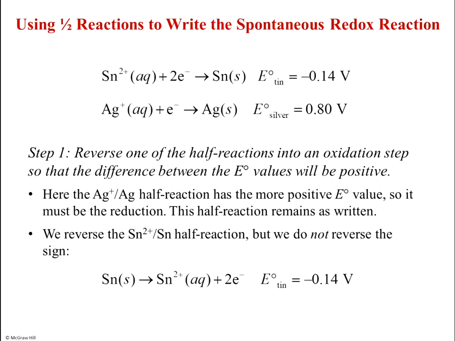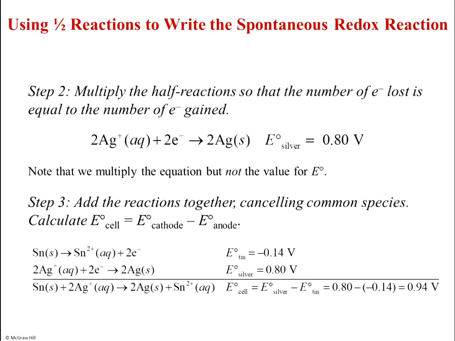Now the way we're going to handle this and the way Silberberg will handle this is that we'll reverse the tin half reaction, but we don't change the sign. We just understand the sign reflects the standard reduction potential, not the oxidation as written. Our next step, we multiply the half reaction so the number of electrons lost is equal to the number of electrons gained.